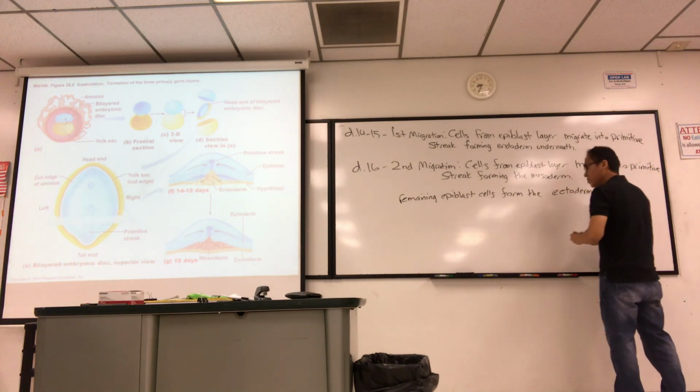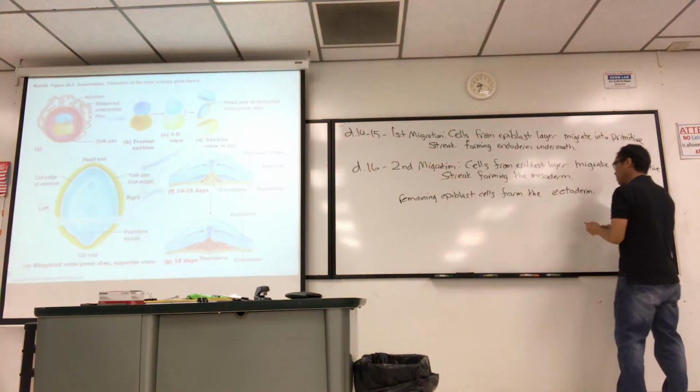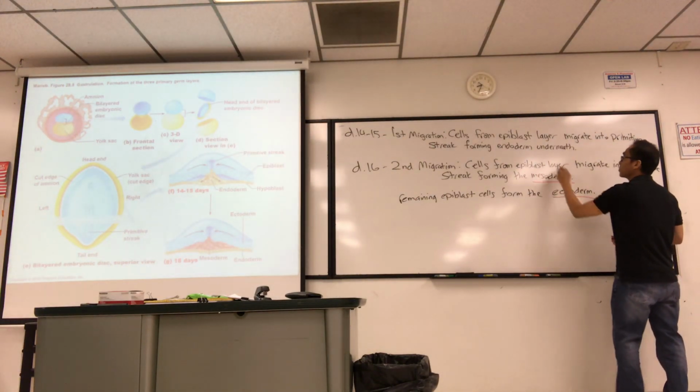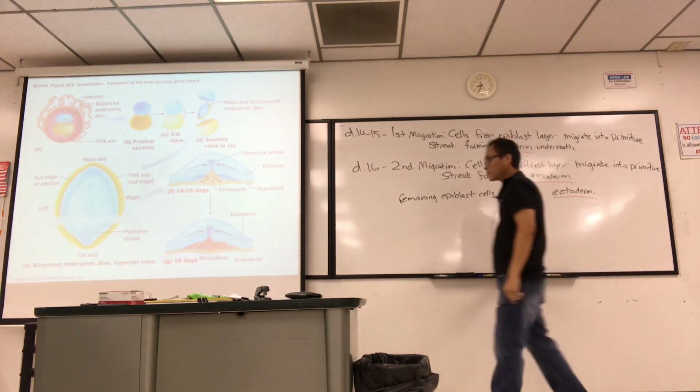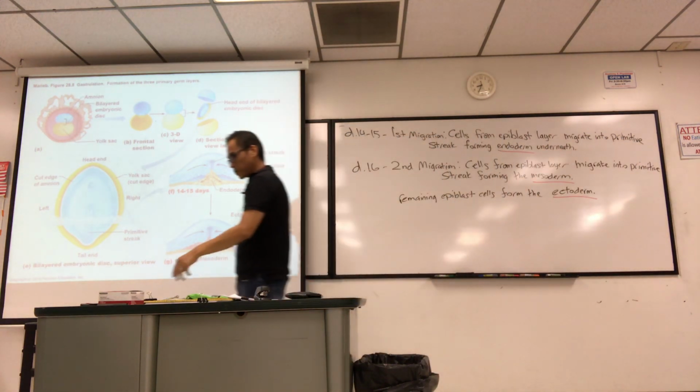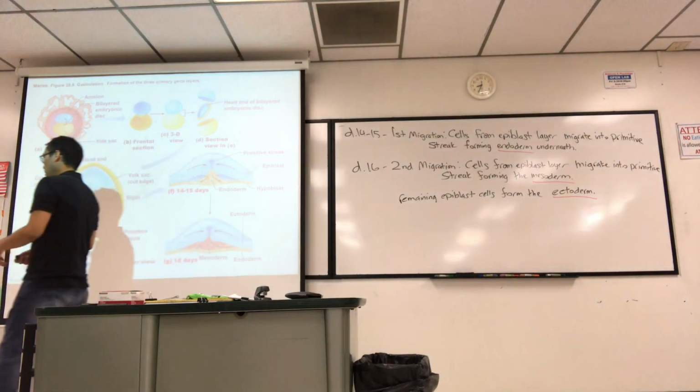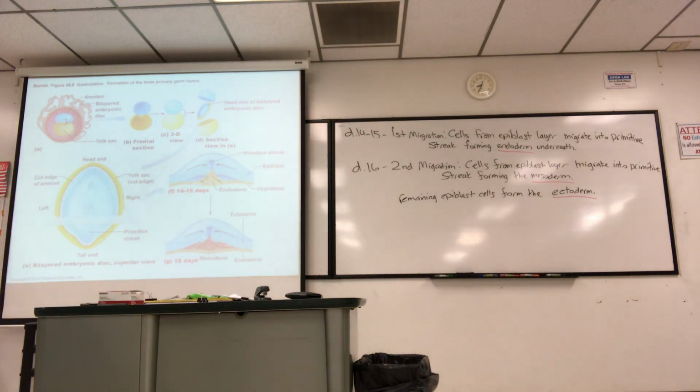Those are our three layers of the trilaminar embryonic disc: the ectoderm, mesoderm, and endoderm. Again, those three germ layers will form all of the organ systems.